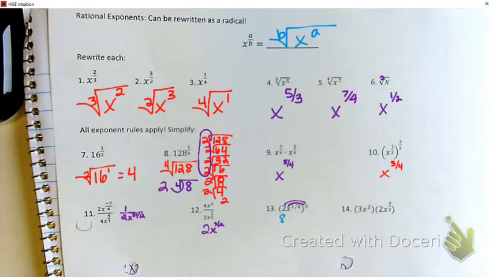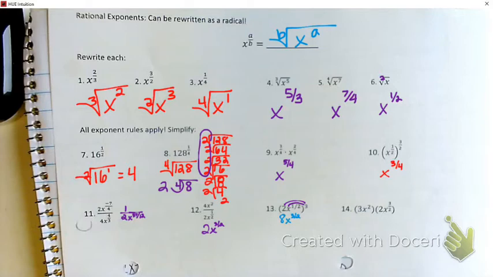Okay? And then what am I going to do with the 1/2 and the 3? Multiply, because you're raising it to a power. So 1/2 times 3 is 3/2. So x to the 3/2. So take your time. You totally can do this. Very similar. It's just new kind of exponents.